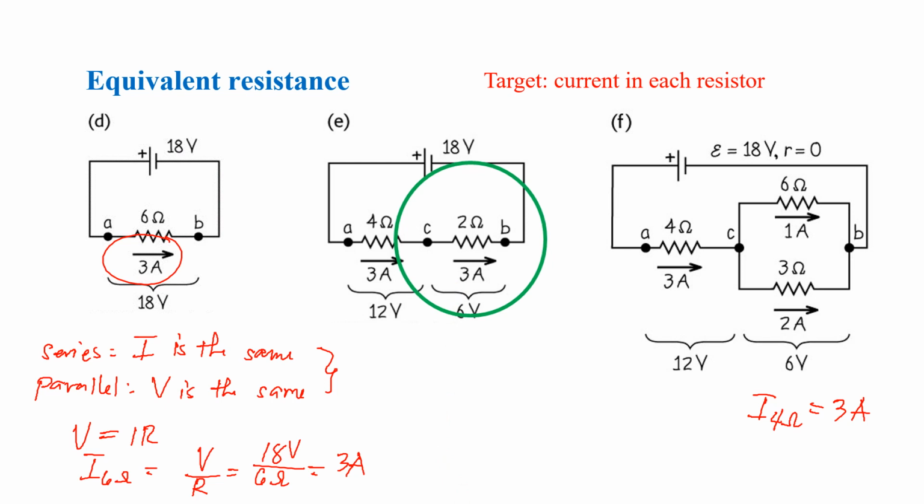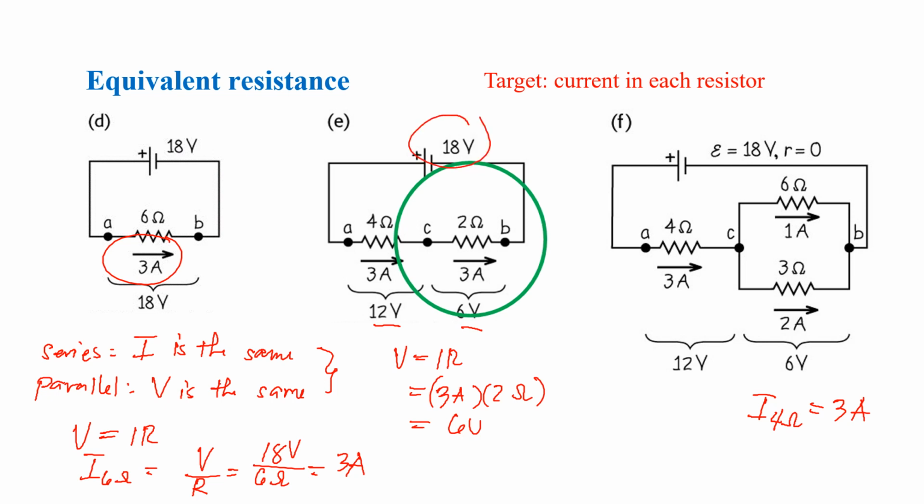For that, you have V equals IR, so 3 amperes times 2 ohms is equal to 6 volts. You can also find the voltage for your 4 ohms: 4 ohms times 3 amperes is equal to 12 volts. And as you can see, 12 volts plus 6 volts is equal to 18 volts.